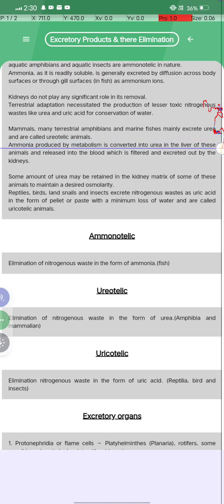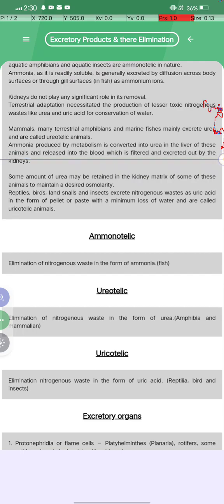Ammonia produced by metabolism is converted into urea in the liver. This is released into the blood, which is filtered and excreted out by the kidney. Some amount of urea may be retained in the kidney matrix of some of these animals to maintain a desired osmolarity.